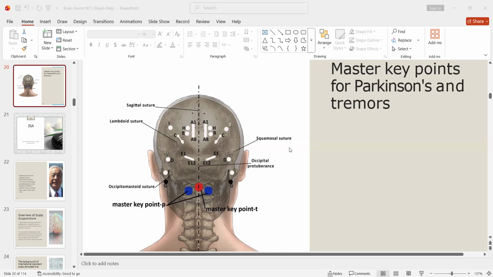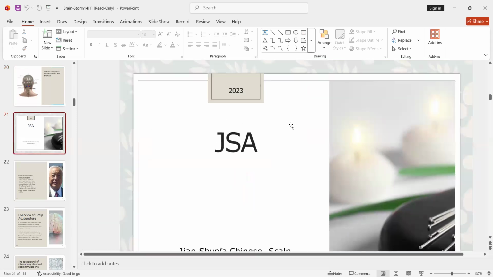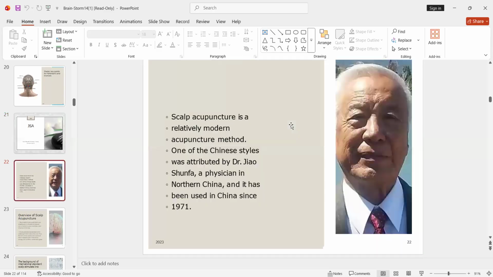Then go on the lateral side, on the sigmoid bone. Okay. All the points are the same edge in front. Then go for next. Next.